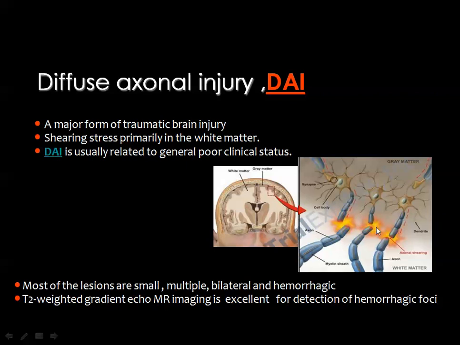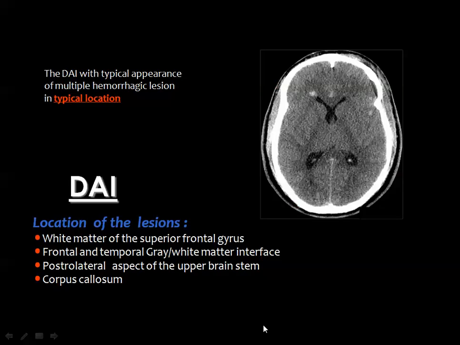It will affect the axons of the neurons, resulting in classically petechial hemorrhagic foci distributed in characteristic locations in the brain parenchyma. A diffuse axonal injury has a poor clinical outcome, and the lesions are usually very small foci of hemorrhage distributed in both cerebral hemispheres as well as in the brain parenchyma.